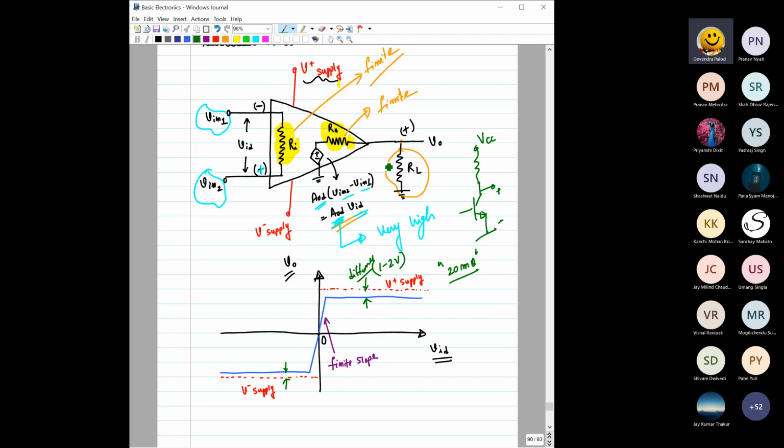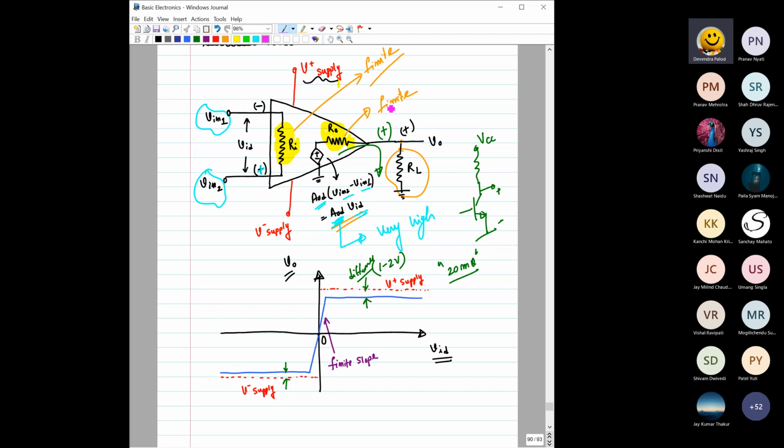Okay. One more important thing is that when this output is positive, that means current is flowing from this direction to this direction, right? That means op-amp is acting as a current source. It's supplying the current.